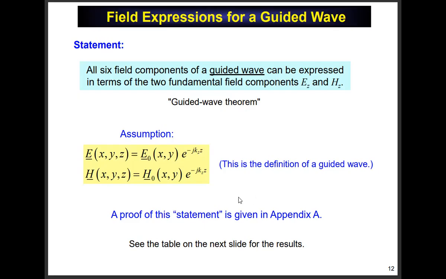Okay? Now, I've given a proof in Appendix A, if you want to read it, that basically all of the other 4 fields, EX, EY, HX, HY, come from these 2 if it's a guided wave.